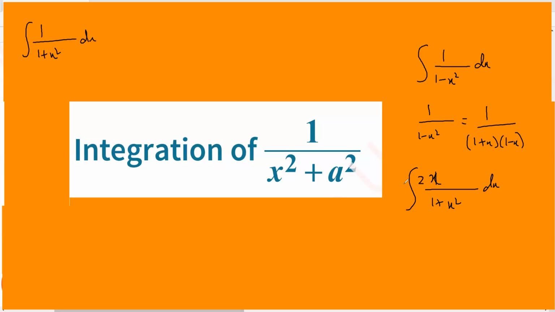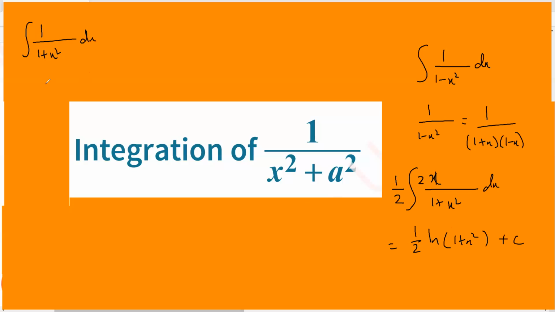So you multiply by 2 and divide by 2. So this is going to be half ln of 1 plus x square plus c. That is the integral of x over 1 plus x square.